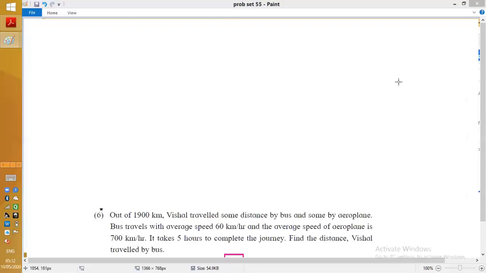Now, in problem 6, you can see that out of 1900 kilometer, we shall travel some distance by bus and some distance by aeroplane.